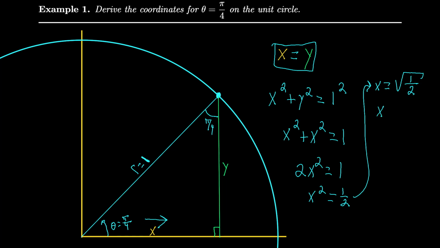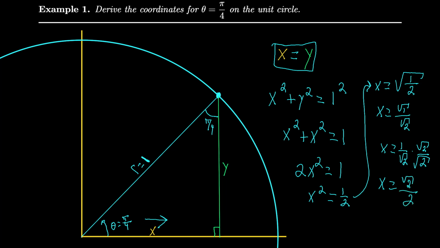And that means that x equals the square root of 1 over the square root of 2. And that means that x equals 1 over the square root of 2, which, of course, if we multiply top and bottom by root 2 over root 2, just multiply top and bottom like that, to rationalize the denominator, we get root 2 over 2.